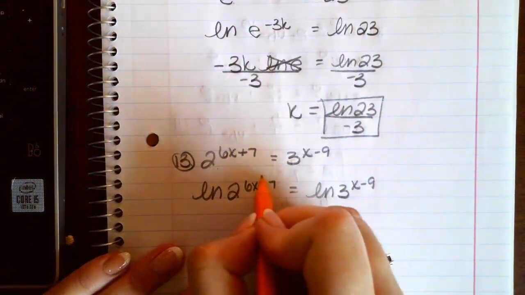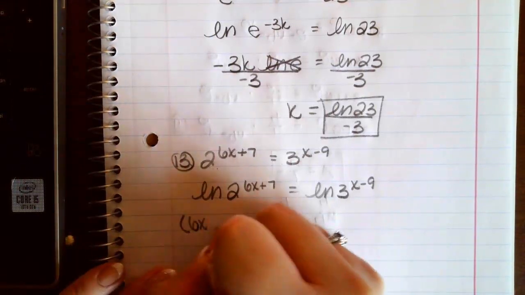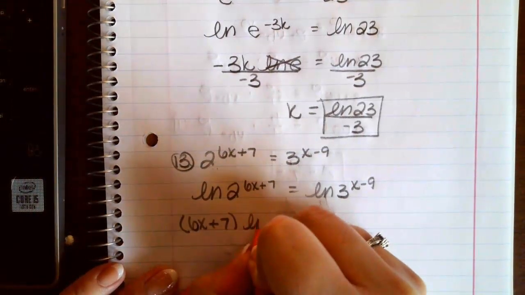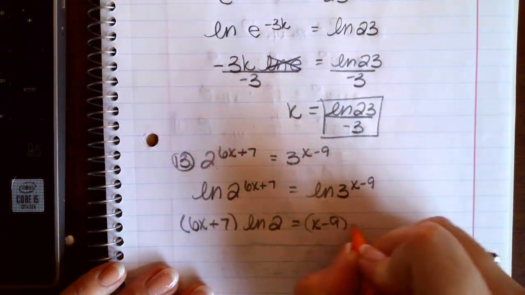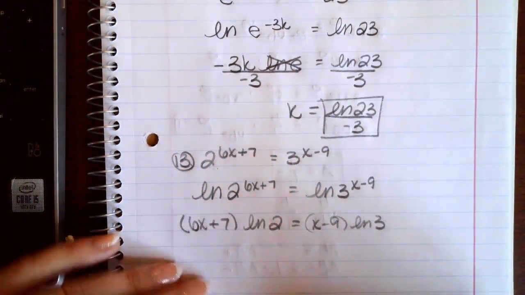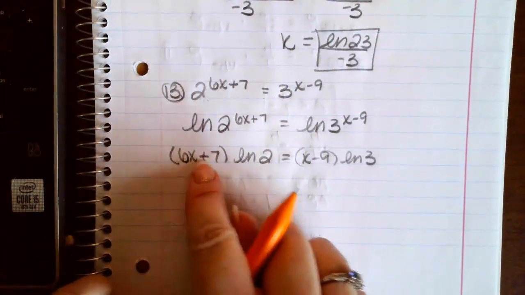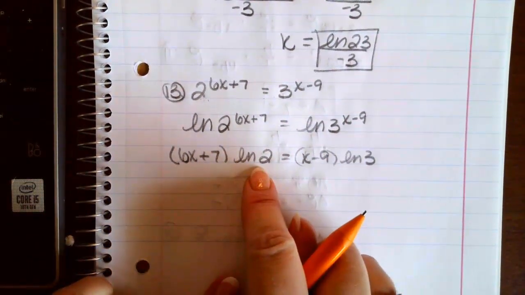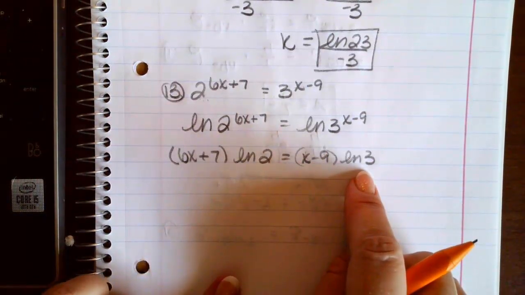So I'm going to take the natural log of both sides. And now I can drop this exponent out front as a coefficient. And I'm going to make sure and put those exponents in parentheses because all the contents belong to the natural log of 2 and all the contents belong to the natural log of 3.